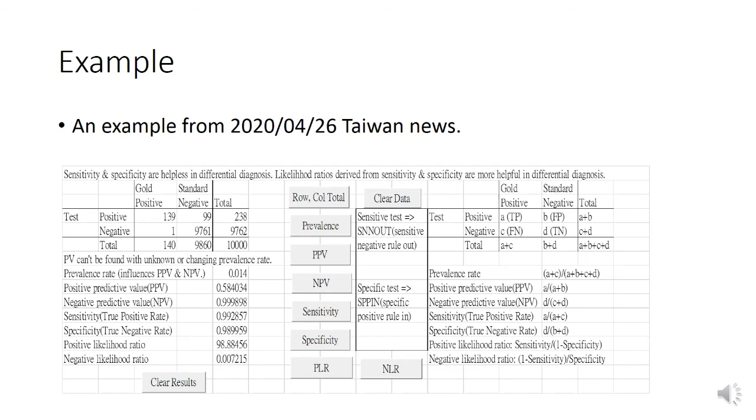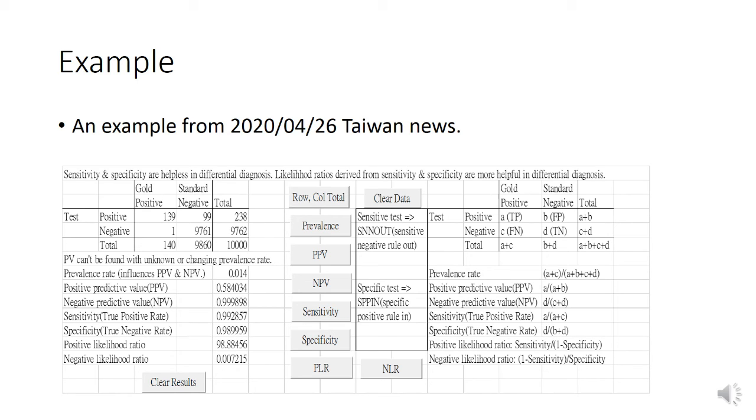This is an example from year 2020, April 26, Taiwan news. The purpose of the news is to seize arguments. The table does not show the real situation in Taiwan.